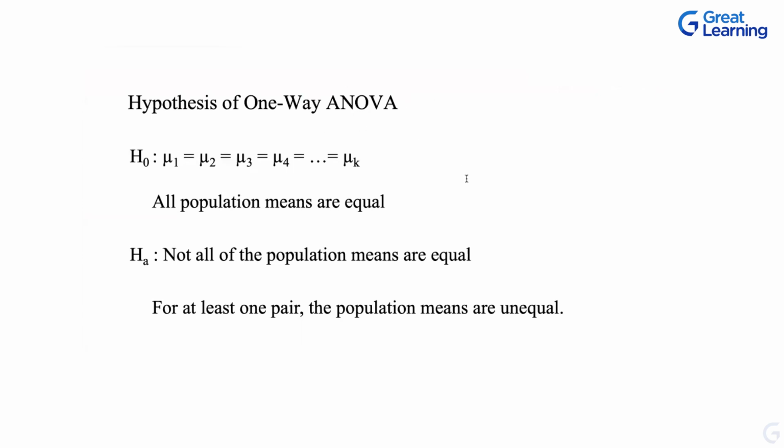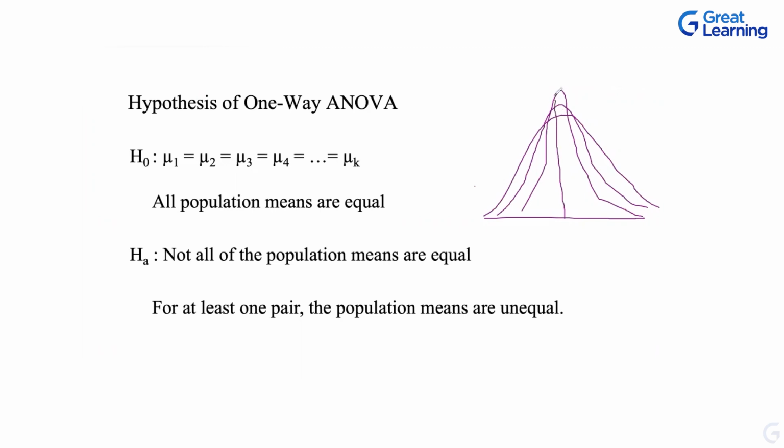Between mean and variance, it's a good idea to draw something here. Let me go to the whiteboard if I can. Three normally distributed curves, assume so. Can you differentiate between these three curves? What is what? The mean is the same for all three.